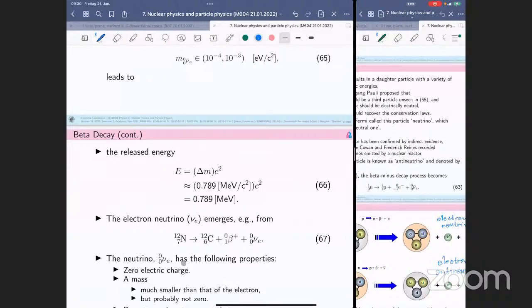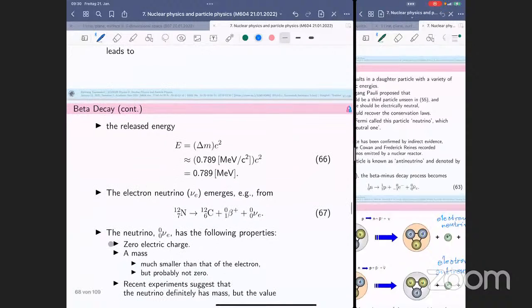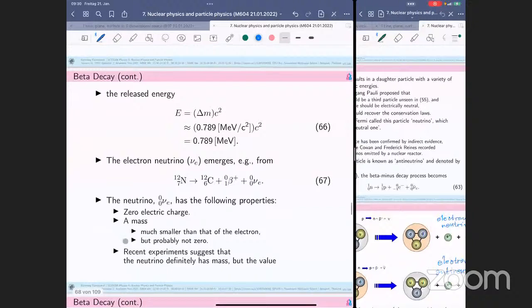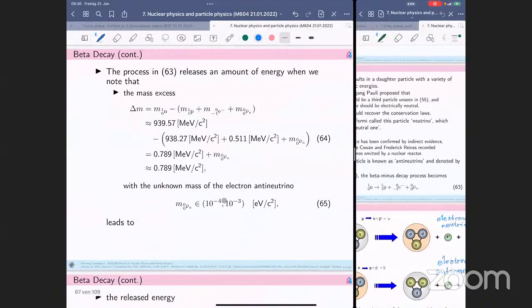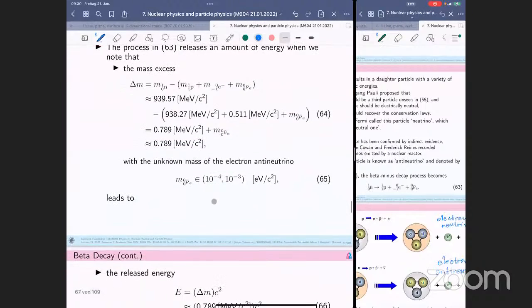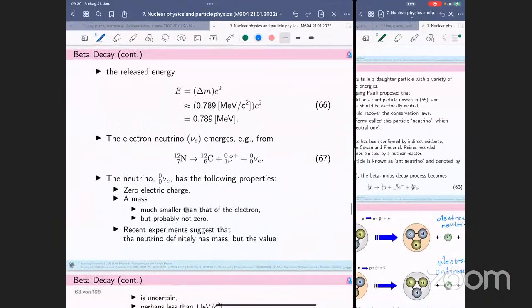The neutrino, the word that Enrico Fermi coined before, has the following properties. It has zero charge, it's neutral. Its mass is much smaller than the electron, about 1,000 million or 100 million times less than the mass of the electron, which is very, very tiny.